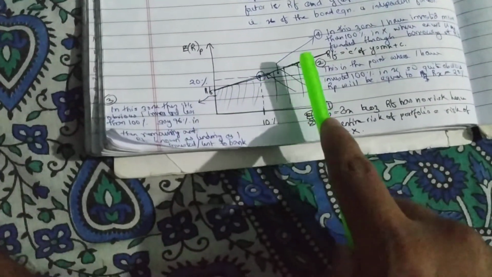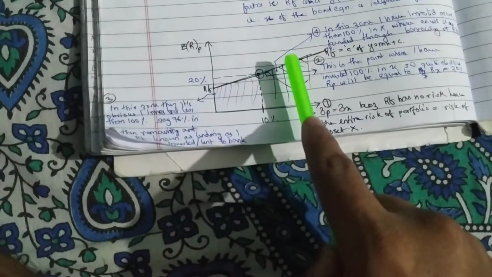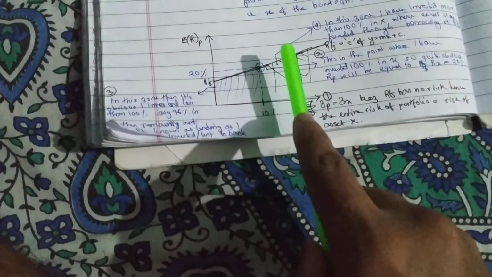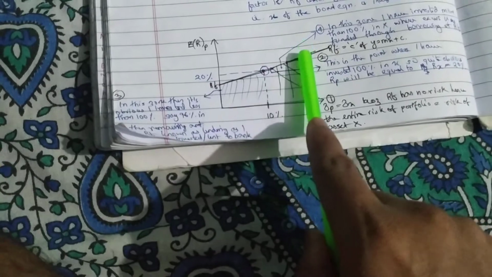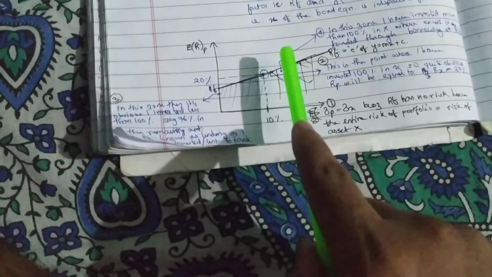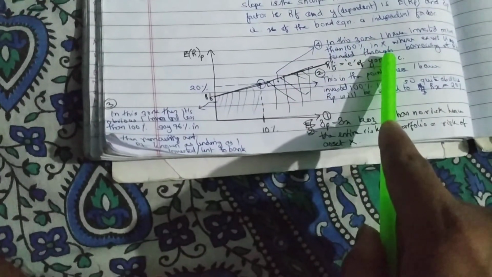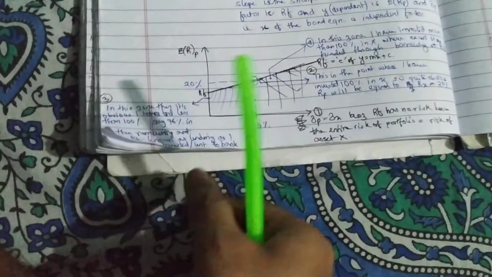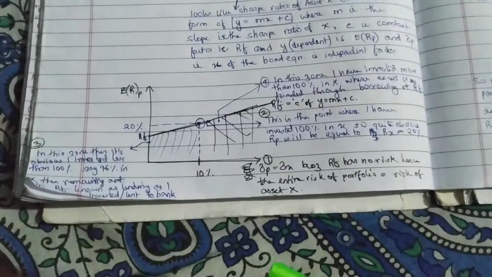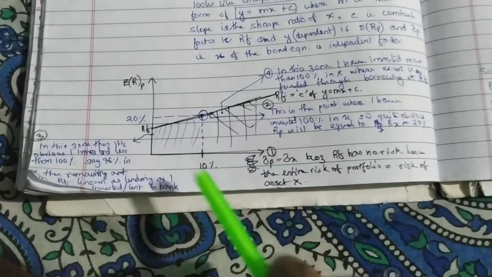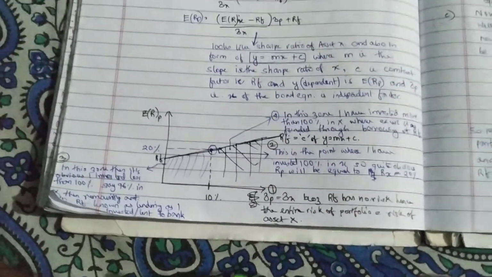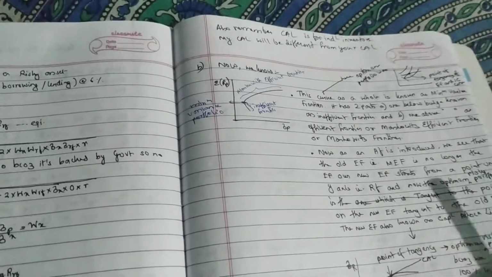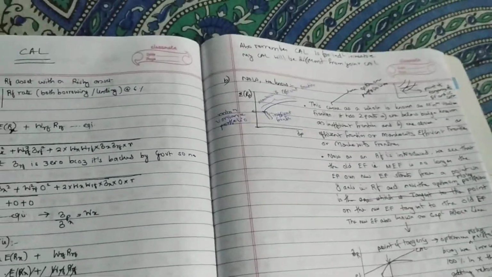And in the zone to the right of this point, the investor has invested more than 100% in asset X, which has been funded by borrowings through RF. Okay, right. So I guess it's clear. That is what has all been written over here. Now let's come to the next portion, which is equally important.